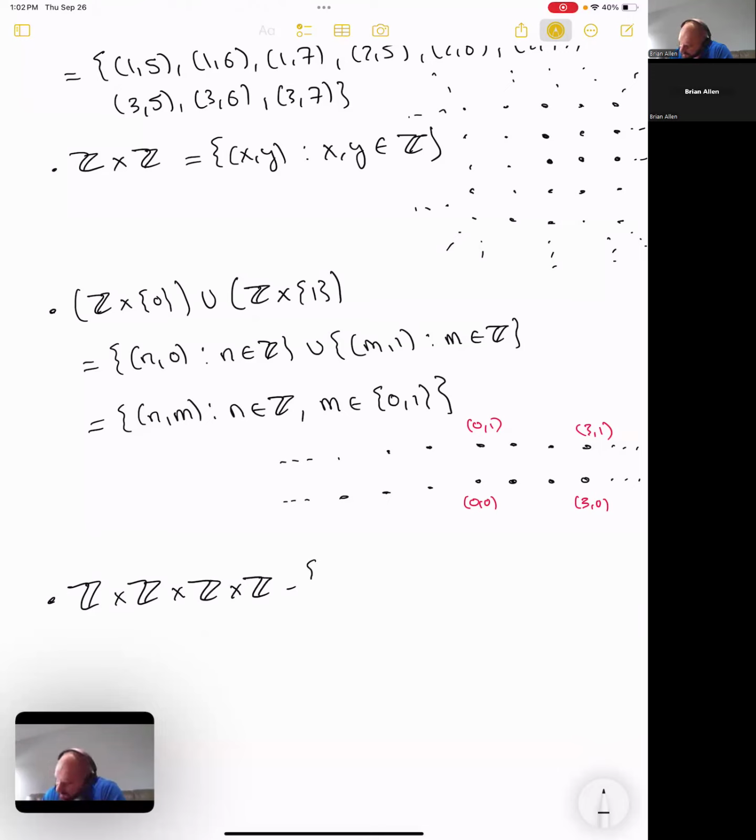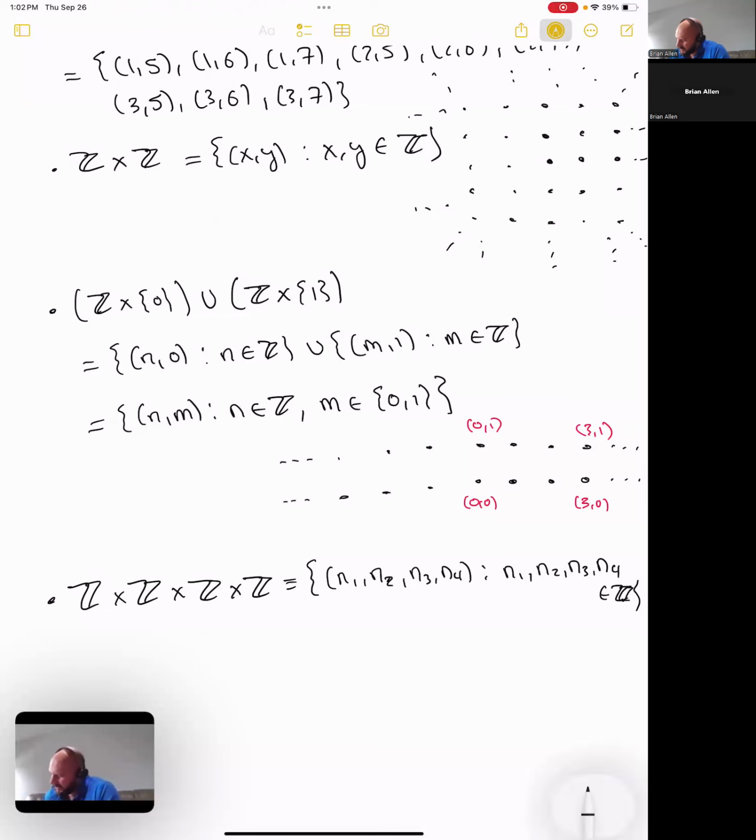Well, that's the set of all (n1, n2, n3, n4). So now instead of an ordered pair, I am talking about an ordered quadruplet where each element is in the integers.